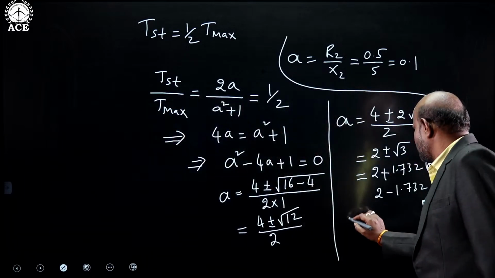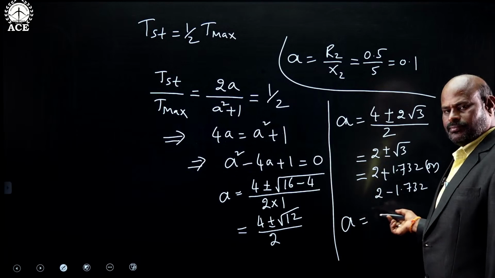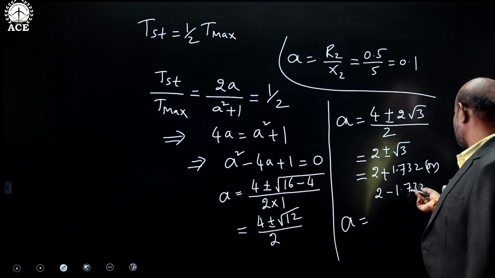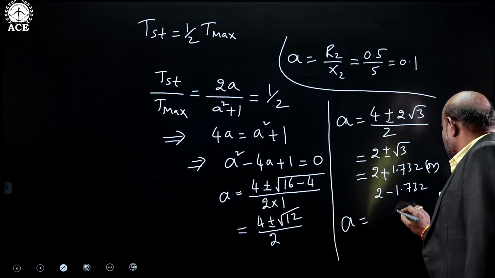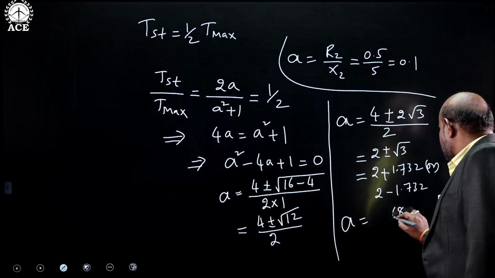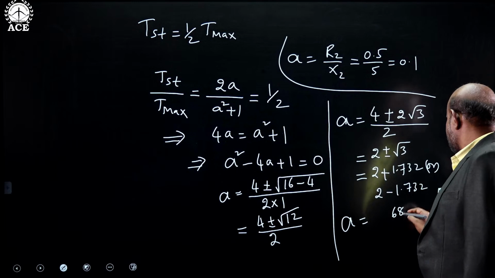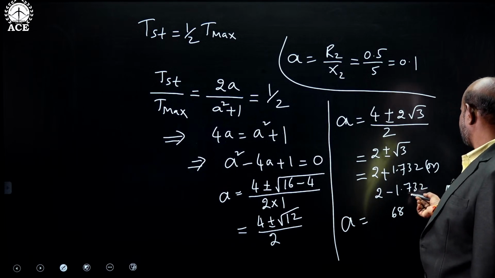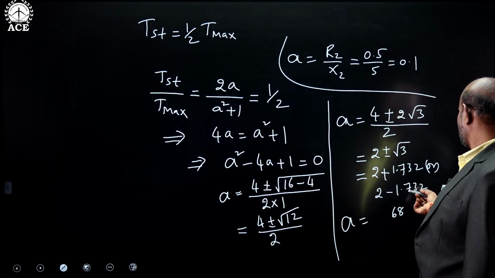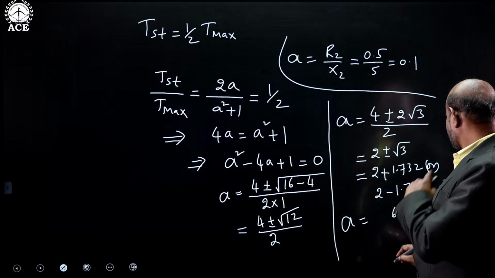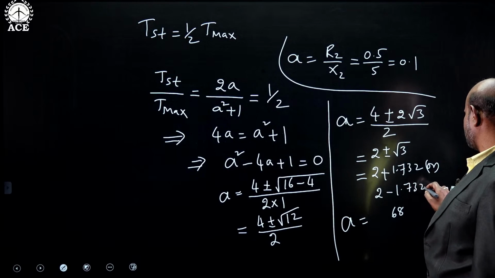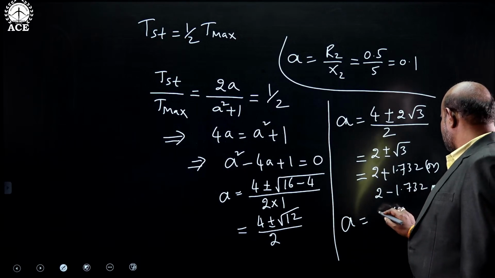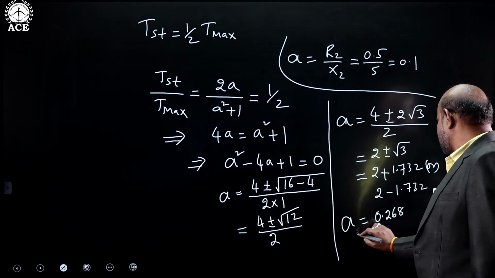So therefore, A is equal to 2 minus 1.732, so 0.268.